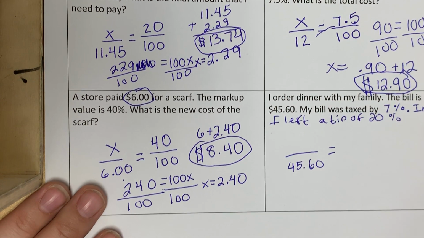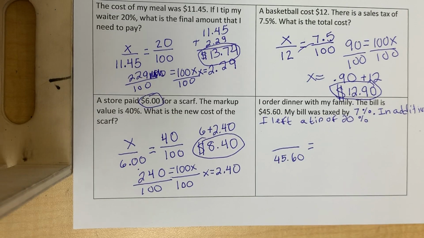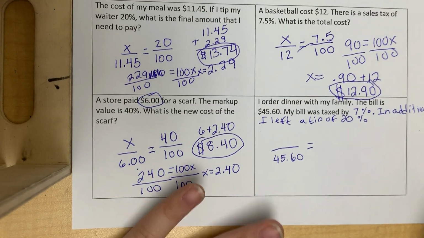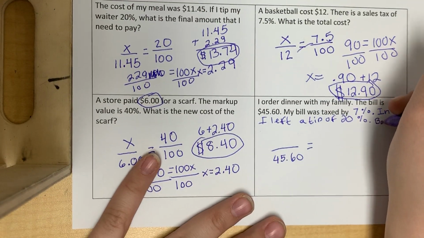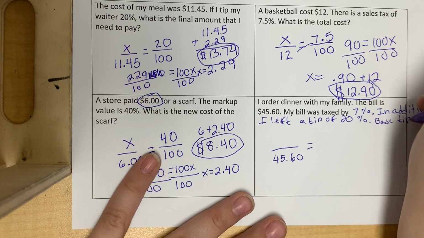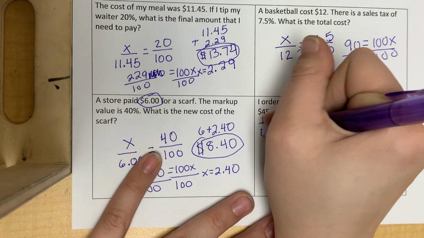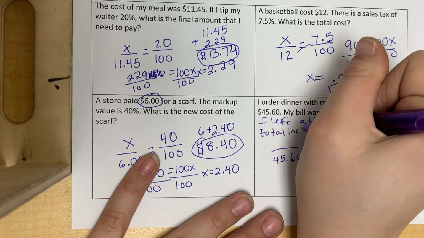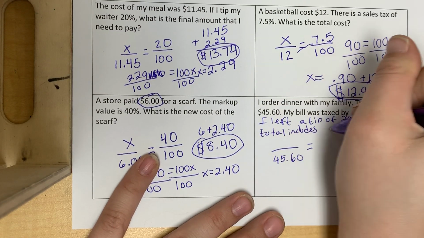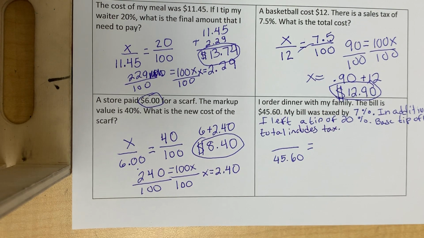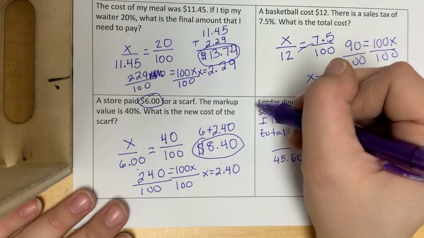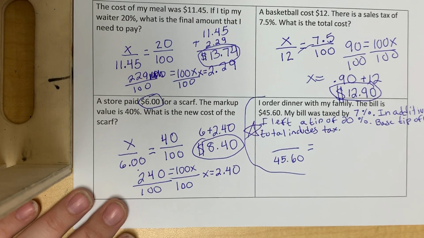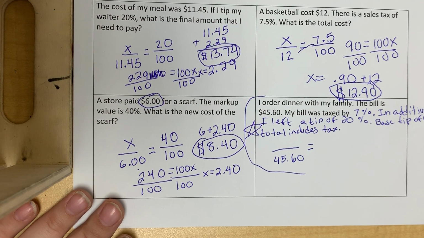So I need to find the total amount here. This is going to take a little bit longer because we have multiple steps. I want you to base the tip off the total that includes the tax. I know that's a lot of information, but we will walk our way through it. Actually, we're going to save this one for when we get back, and then we'll talk about that one.